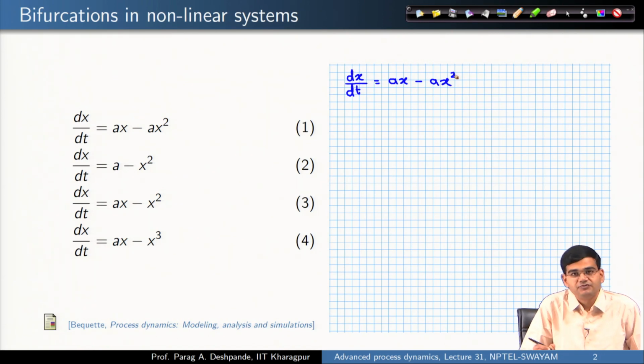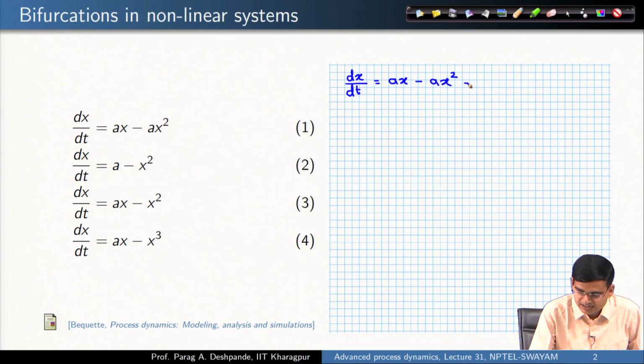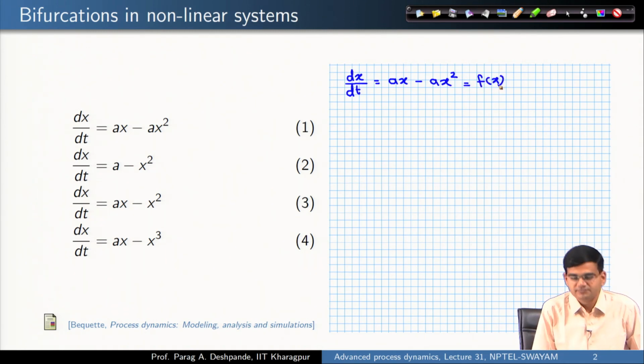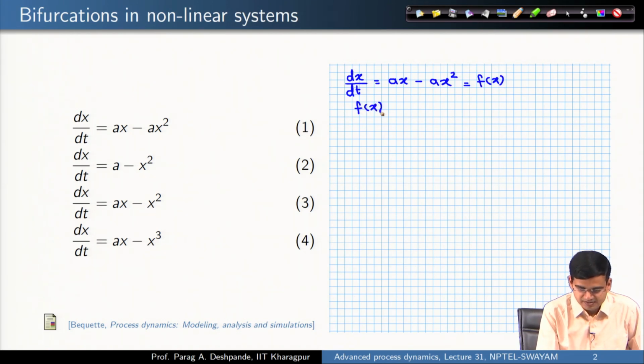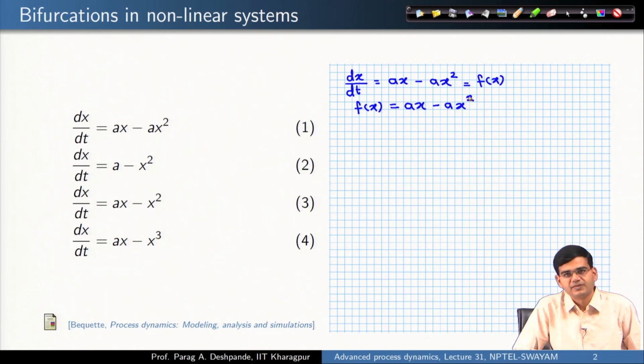The first step that we would do is we would set this as f of x. So, f of x is a x minus a x squared. The bifurcation diagram is the diagram on which you have on the x axis the bifurcation parameter, and on the y axis the equilibrium solution.